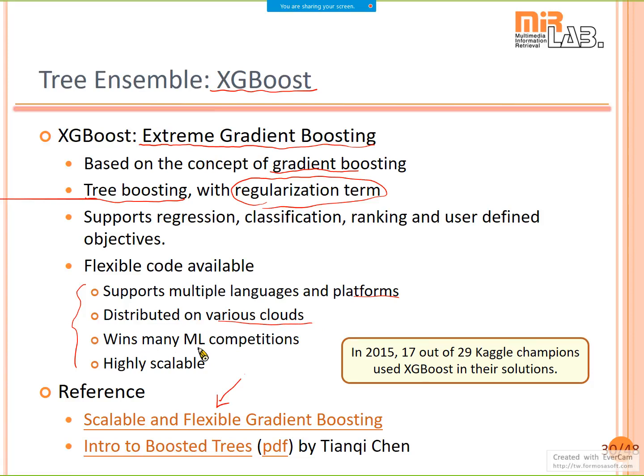It has won many ML competitions and is highly scalable. I got this information from Google. In the year 2015, 17 out of 29 Kaggle champions actually used XGBoost in their solution. So this is quite an amazing achievement of XGBoost.